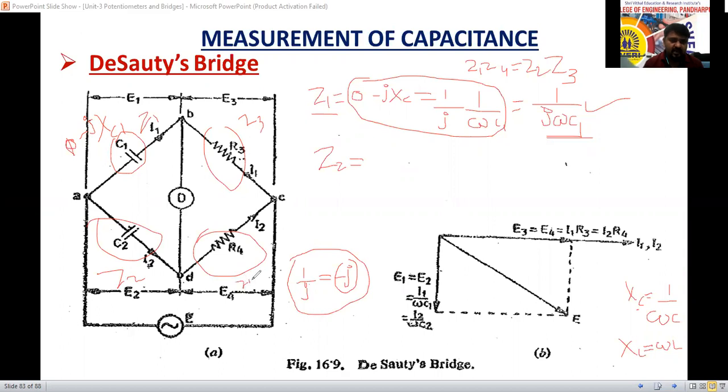I have already written the formula for Z1: Z1 equal to 1 by J omega C1.